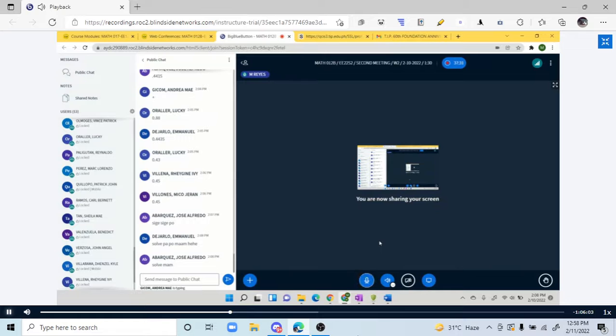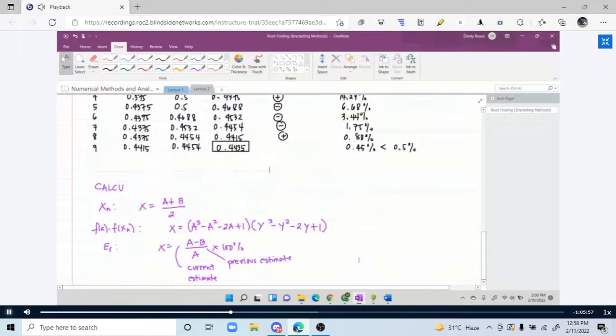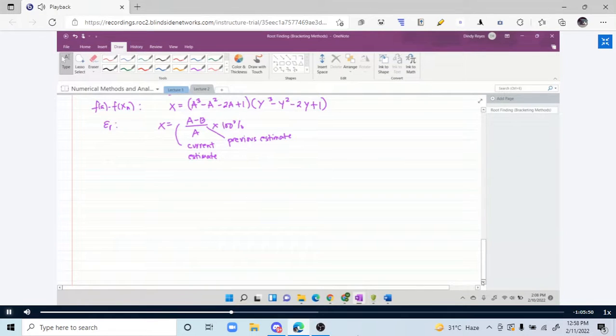Solve pa po. For the larger positive root, don't erase your formulas in your calculators. We will be doing the same thing, ha. But we will be looking for the larger positive root.